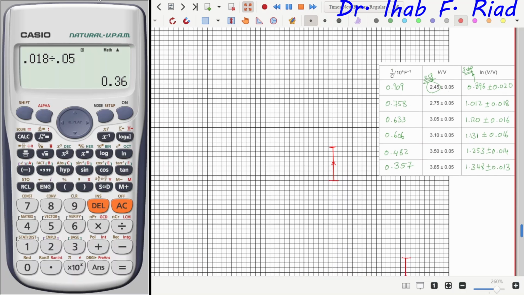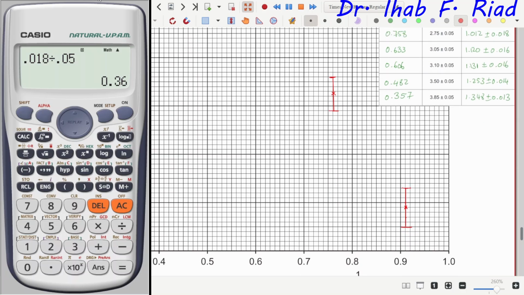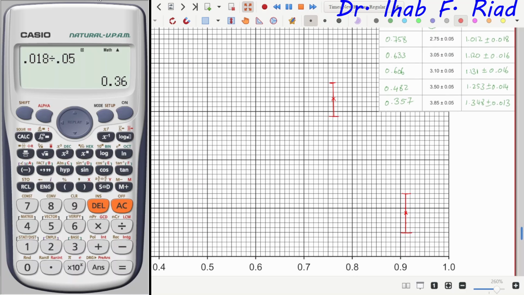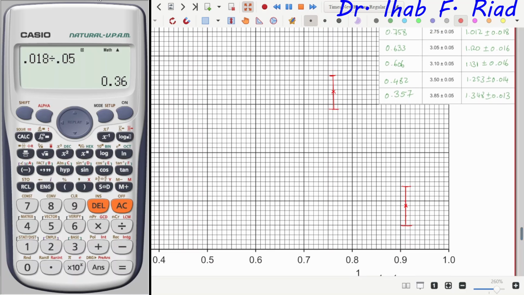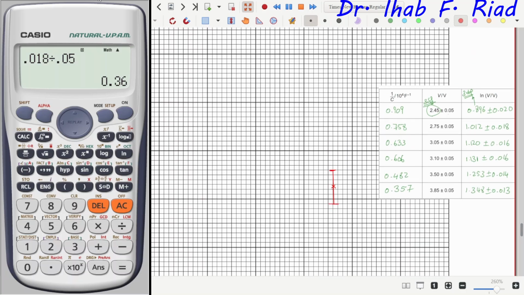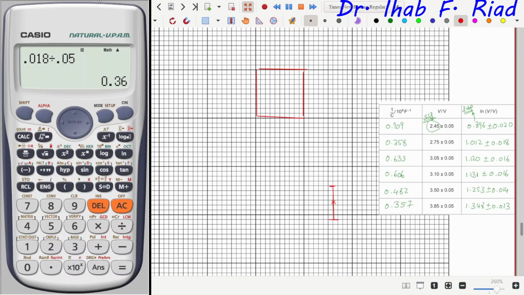Now what else? 0.63 and 1.12. So we know it is going to be around here. 0.63 and 1.12. 6.1, 6.2, 6.3, it is almost here.